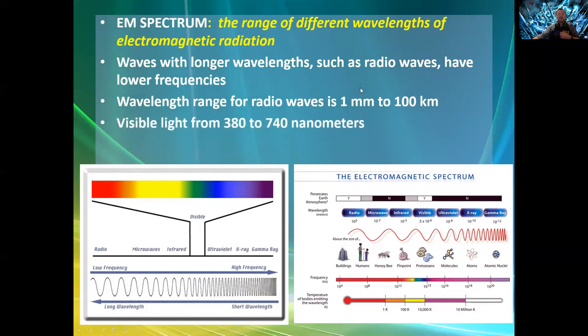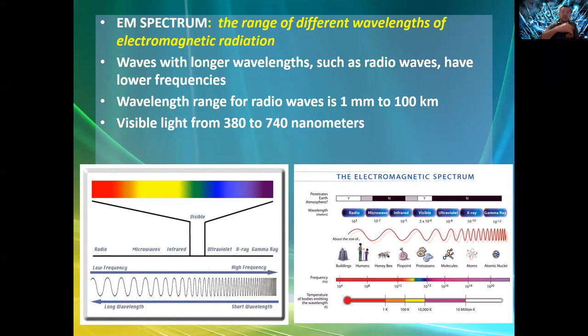For radio waves, you're going to have wavelengths of around 100 kilometers, which is a huge distance, to 1 millimeter, which is very, very tiny. I can barely hold my fingers to make a wavelength of 1 millimeter.